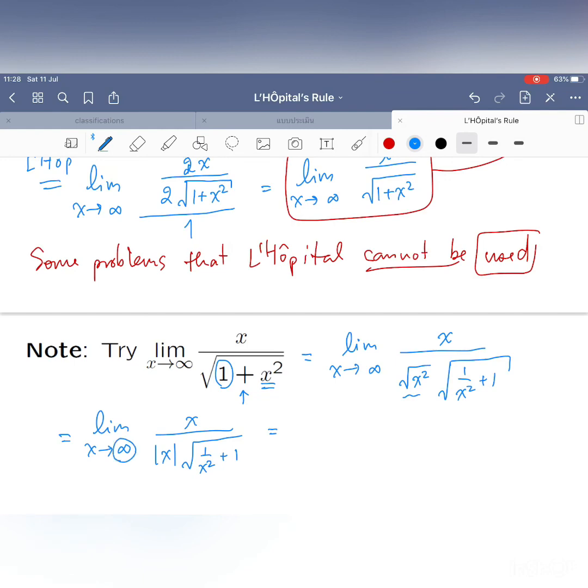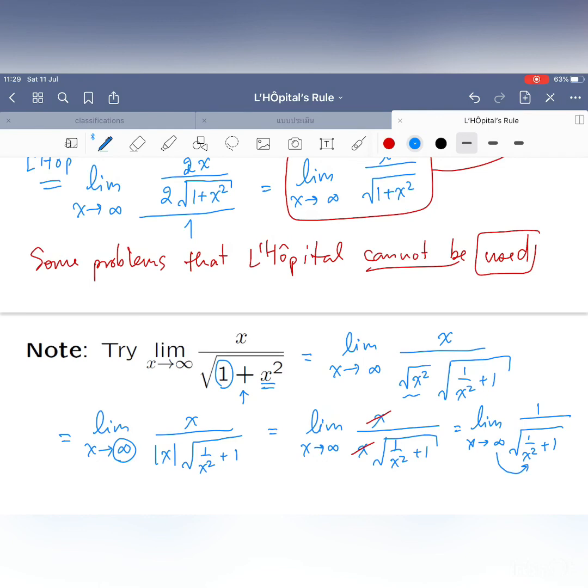However, right now your x goes to infinity, so you can take away the absolute value to get the x alone, okay. And then your x on your top and on your bottom can be cancelled as a factor, because your x is a pretty huge number. So it is of course not 0, so we can do a cancellation.